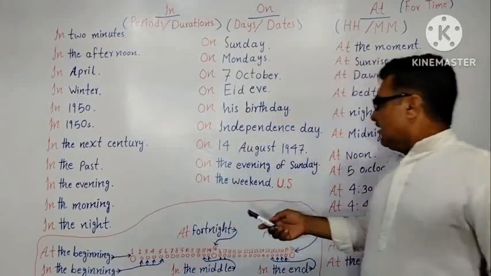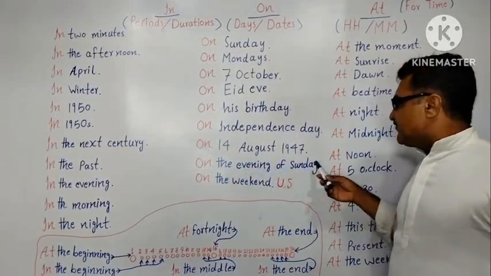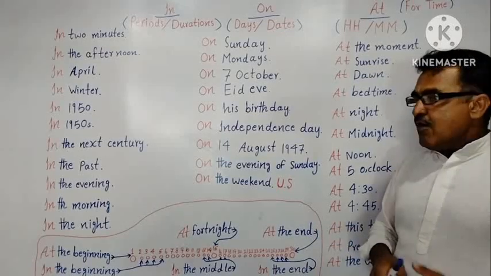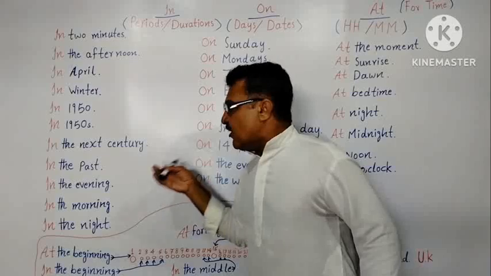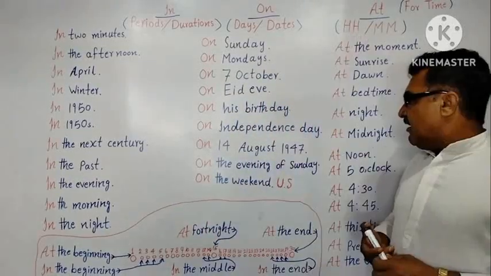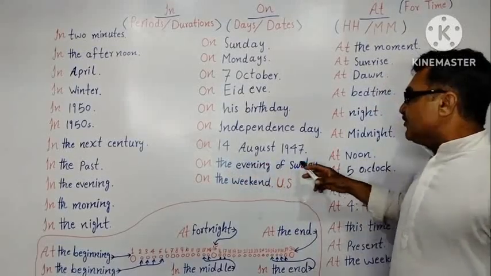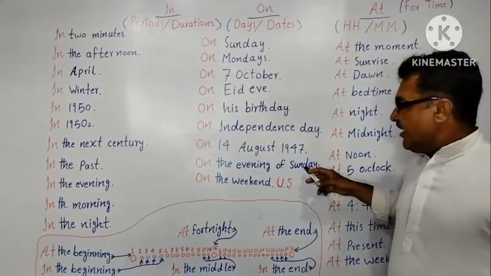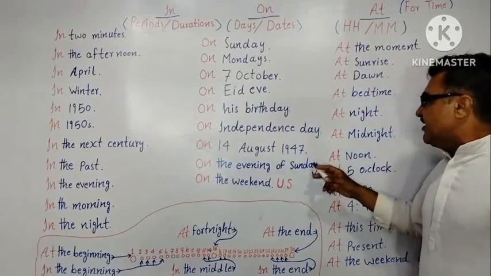On the evening of Sunday. Now you will be thinking, how is it possible? Sir, you said here in the evening, now here on the evening. You will say on when you are referring to the day. Here we do not mean evening, here we mean this day.